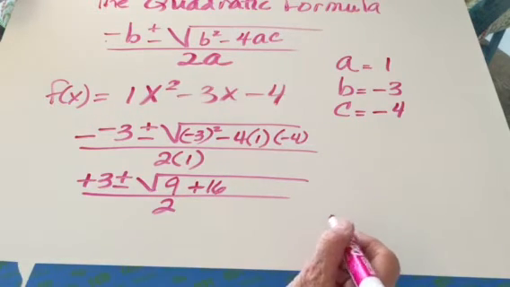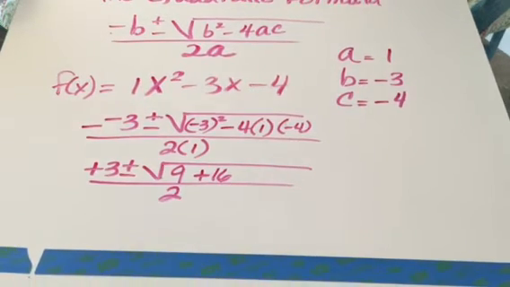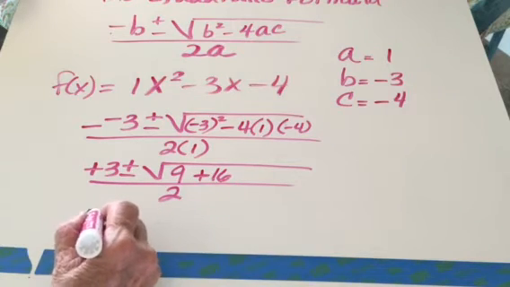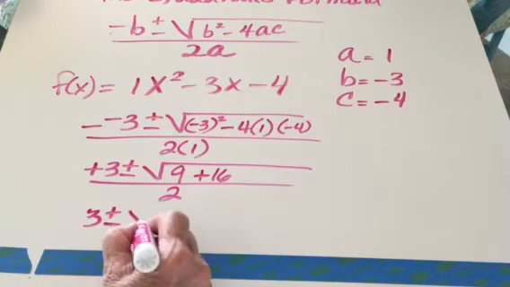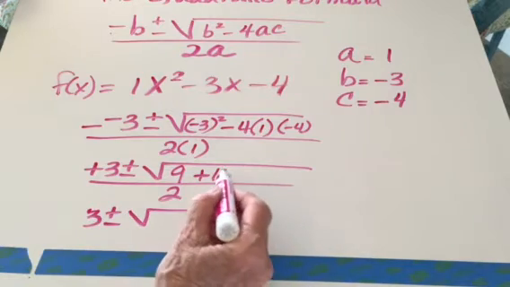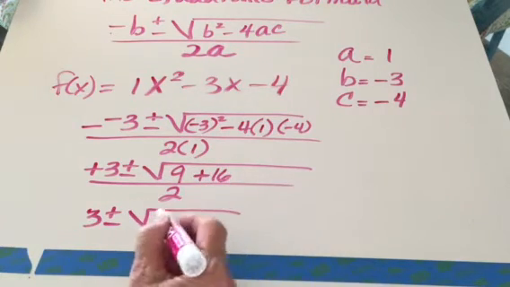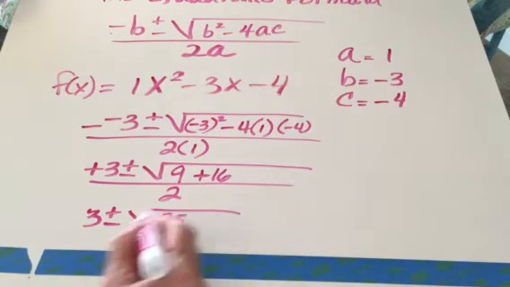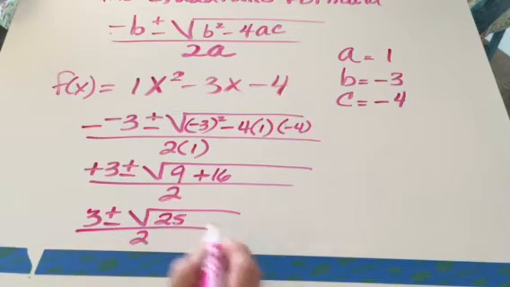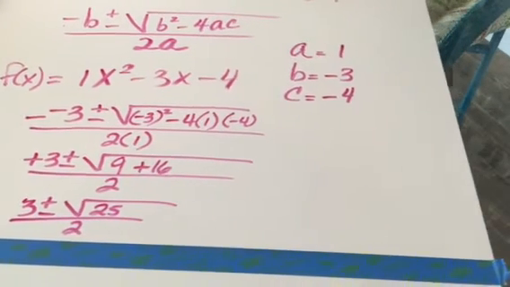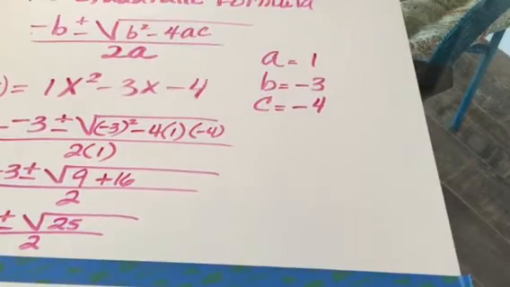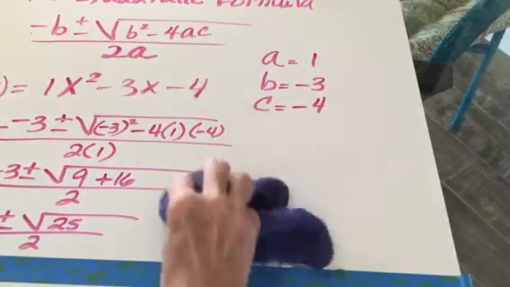All right? Let's see. 3 plus or minus. Now, what's 16 plus 9? 25. All divided by 2. All right, now, I'm going to move over here a little bit. Let me just erase some of this stuff, guys.